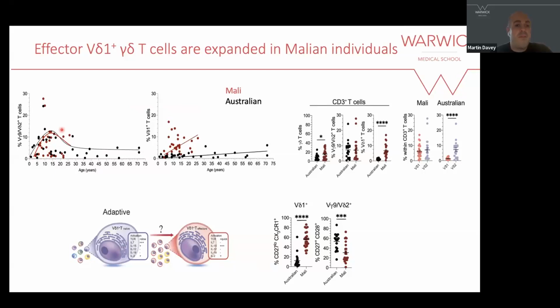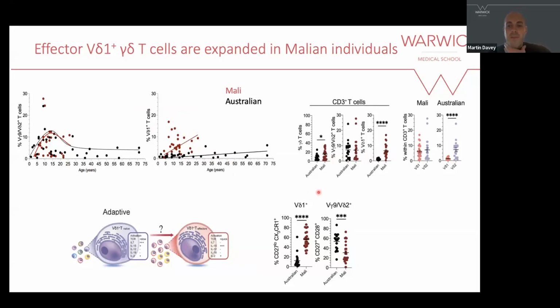Obviously they're very different cohorts, but their trajectories were by and large identical. Whereas in the Malian cohort, we had a significant increase in the frequency of circulating V delta 1 cells, and this can be for a number of reasons, potentially malaria.